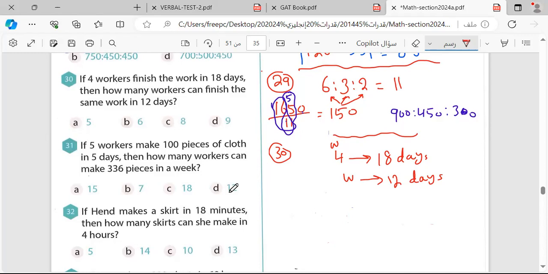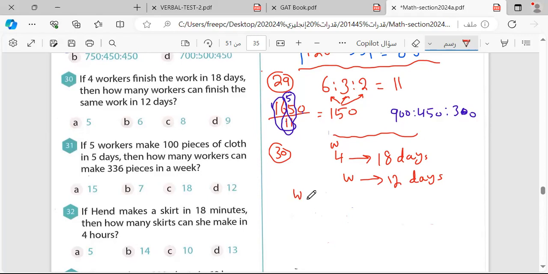Okay, now we have 4 workers working 18 days. Now what did we do? The days became 12. What happens to the workers? They increase. It becomes a reverse relationship. In the reverse you multiply by the row.